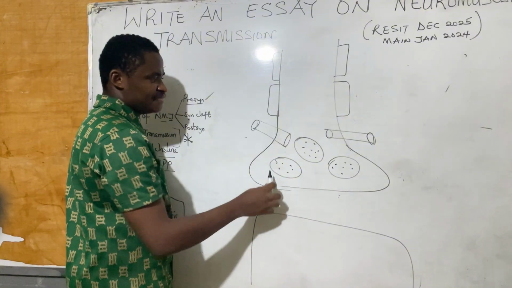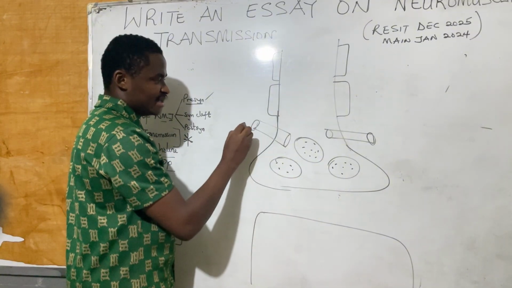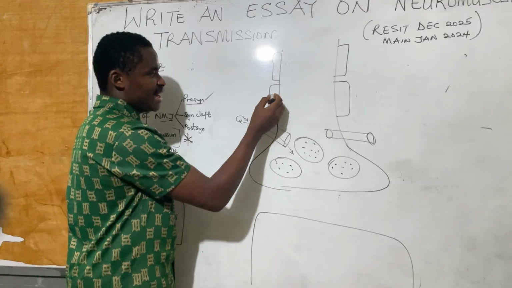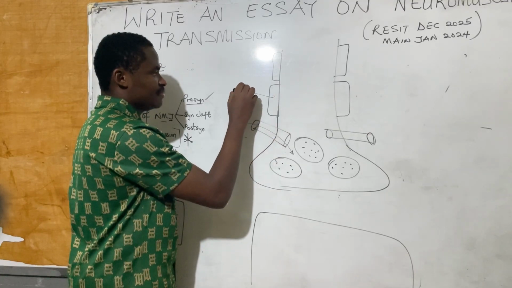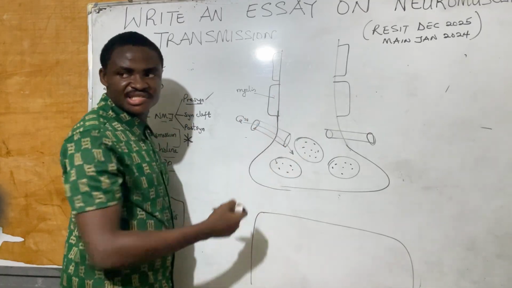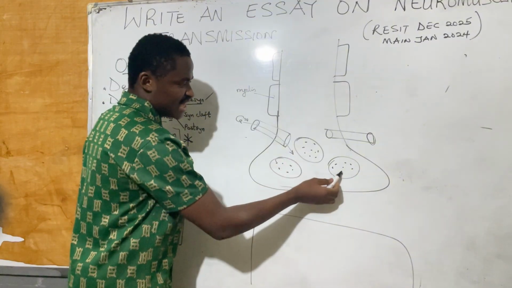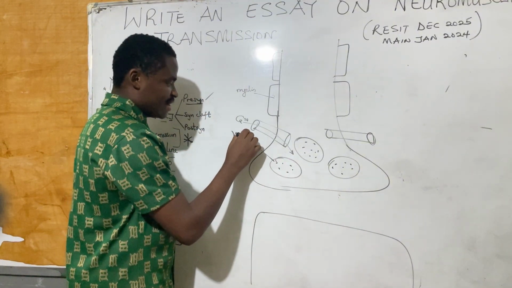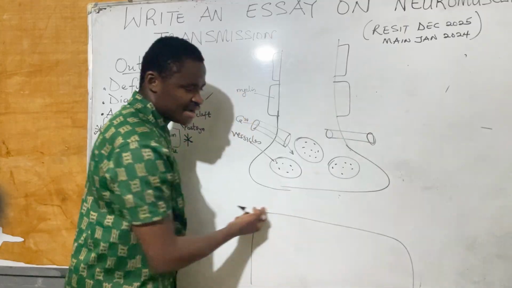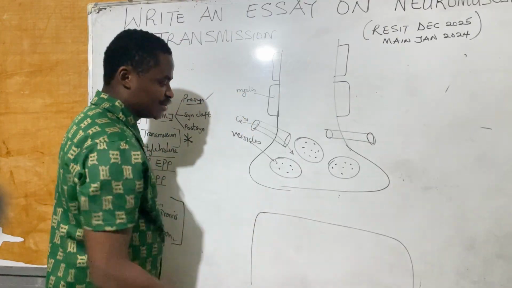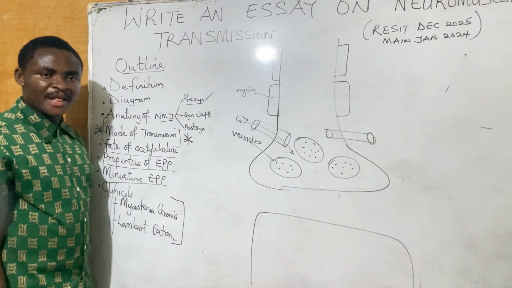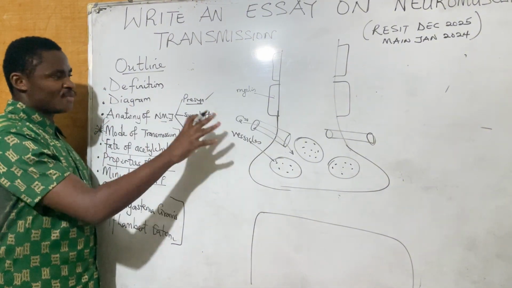I have a presynaptic terminal that has calcium channels for influx of calcium. These are myelin sheath, the presynaptic terminal, and vesicles. Then this space is the synaptic cleft, and this is the muscle unit or the postsynaptic fiber. So that is quite necessary for the diagram.